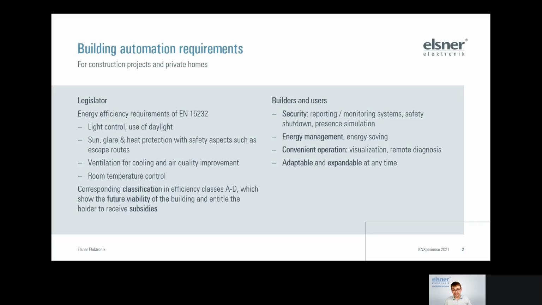For example, sun, glare, and heat protection with safety aspects such as escape routes. Ventilation, natural ventilation, mechanical ventilation, and individual room control are clearly defined by the standard according to the classification in energy efficiency classes A to D. D corresponds to red, which is no longer acceptable today, and A would be green, so the best solution.